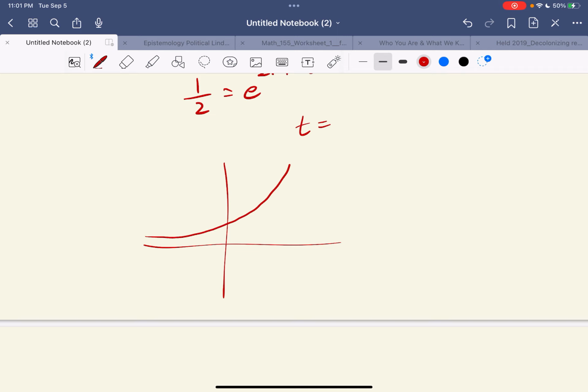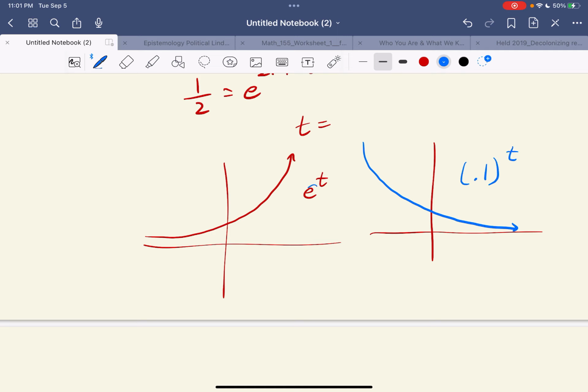So here is something like e to the t, whereas here is something like 0.1 to the t. Nothing special about e except that it's bigger than 1. Starting at time 0, e to the 0 is 1, 0.1 to the 0 is 1.